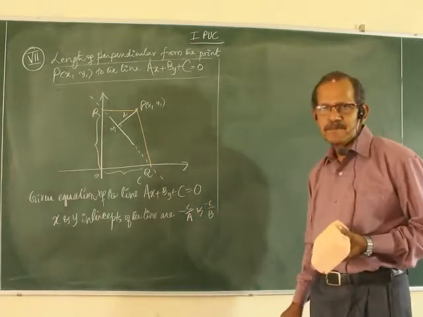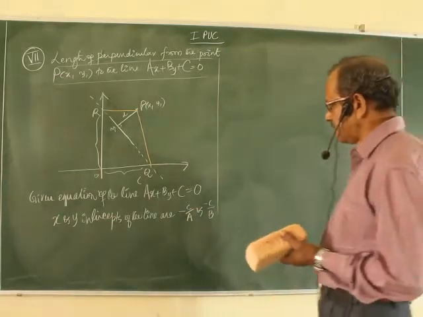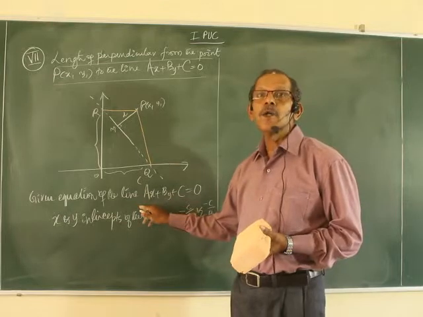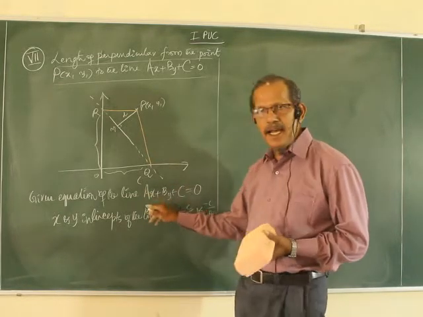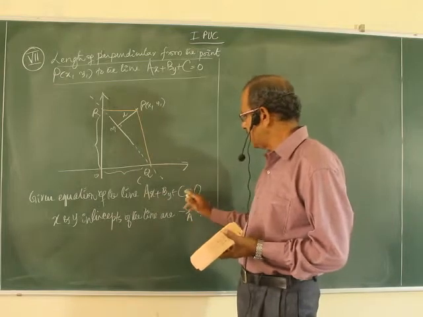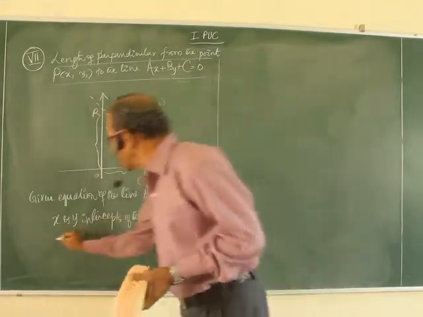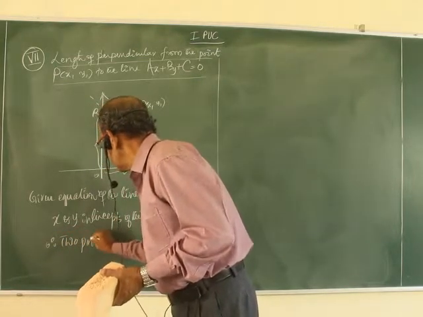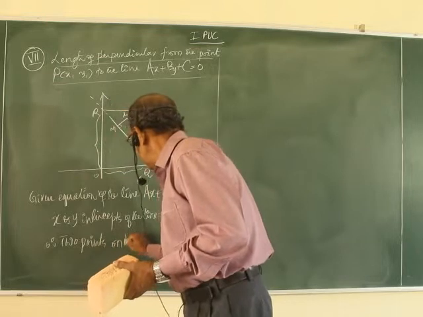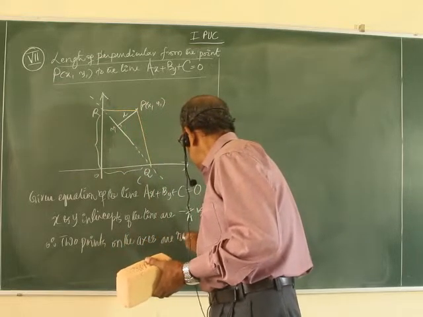Okay. Minus c by a x-intercept. It is there in the normal form. Go back and find it. Minus c by a x-intercept, minus c by b y-intercept. Therefore, two points on the axis are respectively.